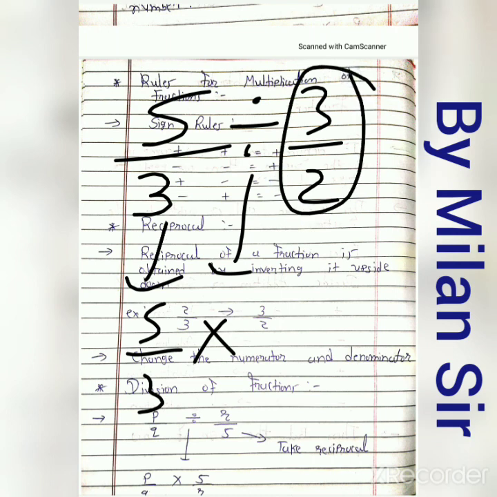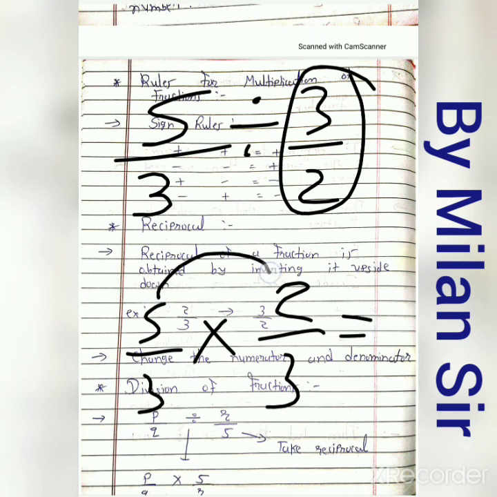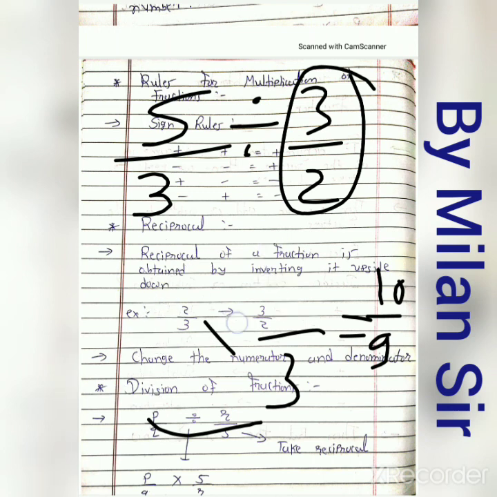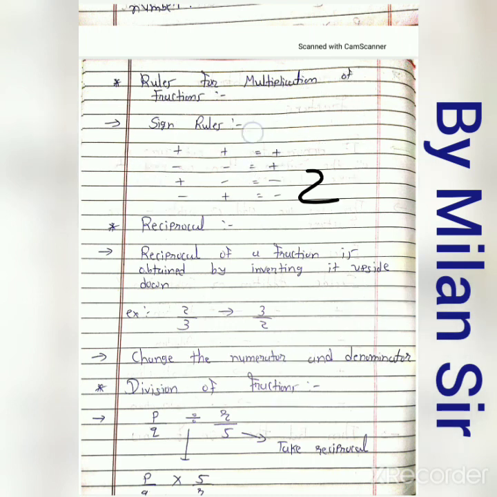So the reciprocal of 3 by 2 is 2 by 3, right? So now our division is converted into multiplication, and the multiplication process is very easy, right? Numerator times numerator, 5 times 2 is 10, denominator times denominator, 3 times 3 is 9. So we easily get the answer of the division, 10 by 9. So we just converted our division into multiplication.